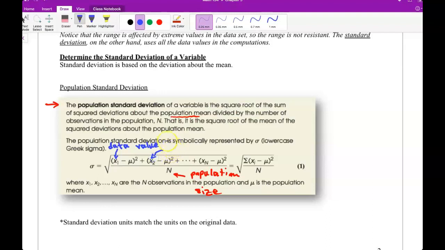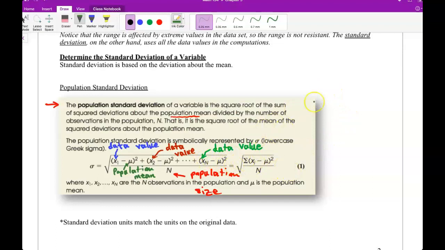So all of these x's are data values. And this mu is population mean. So all these mu are population mean.